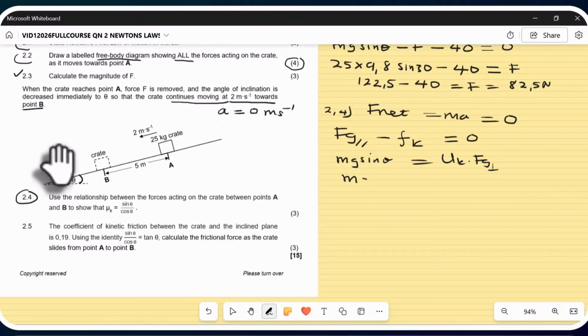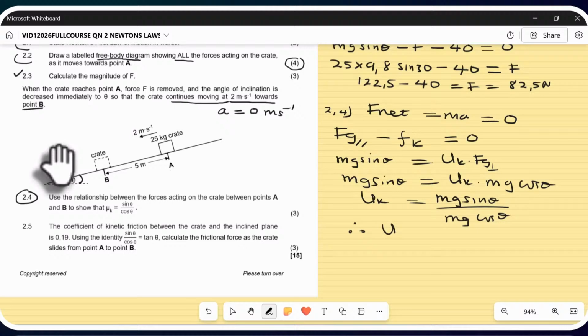As you can see, my coefficient, which I'm looking for, will be given by mg sine theta divided by mg cos theta, and the mg's can cancel out, and so therefore my coefficient of kinetic frictional force equals sine theta divided by cos theta as required. So that's our answer. I hope, guys, we are still together.